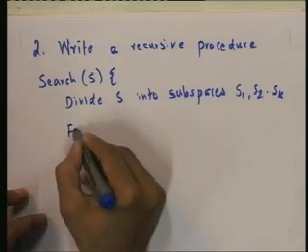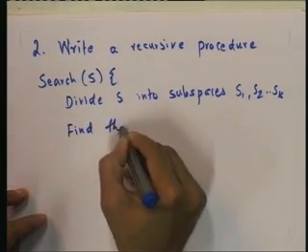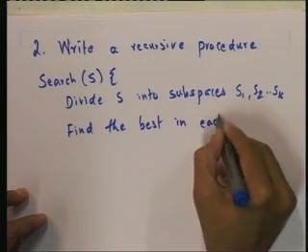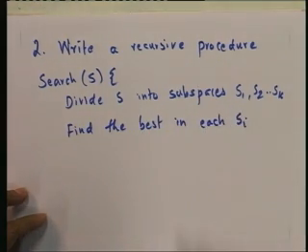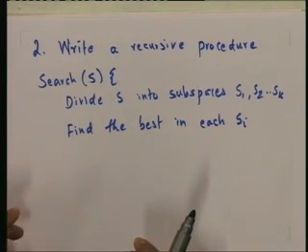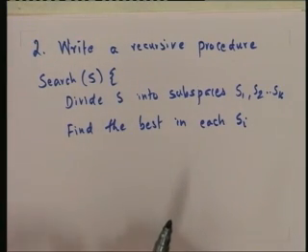And the idea is that we will find the best in each Si. So by best we mean the element which maximizes our objective function, or which optimizes our objective function. So in our case, it's going to be the longest subsequence belonging to each of these Si's.